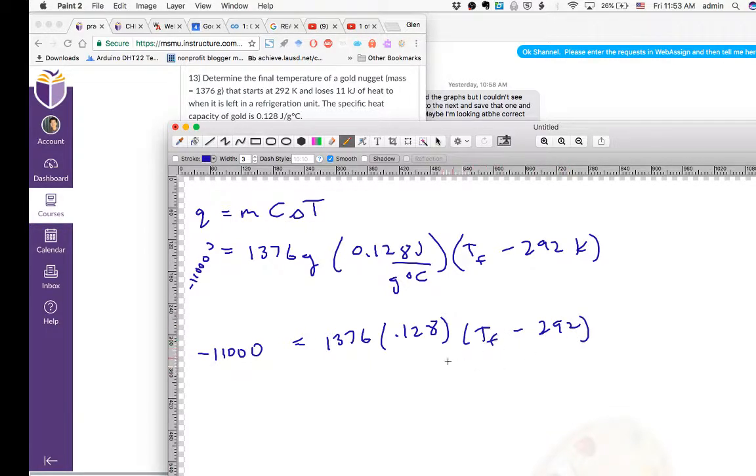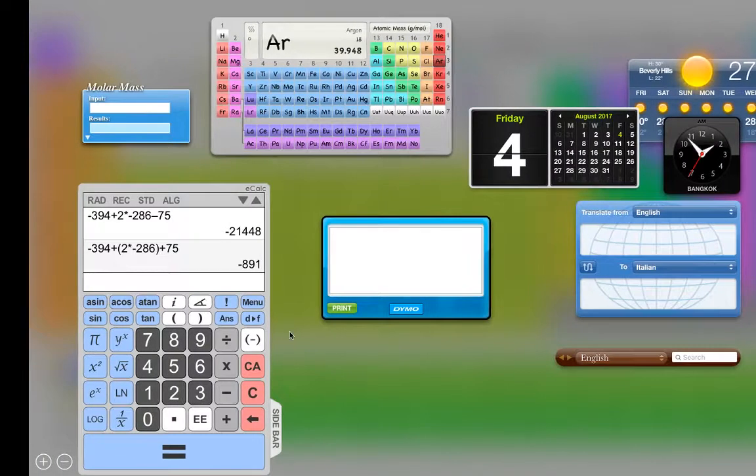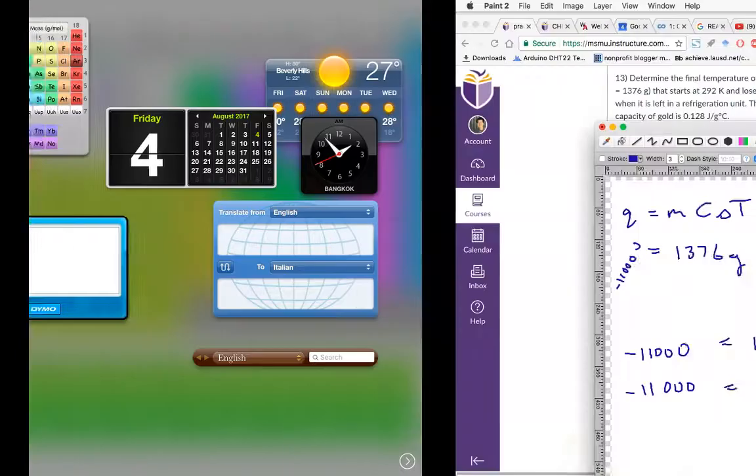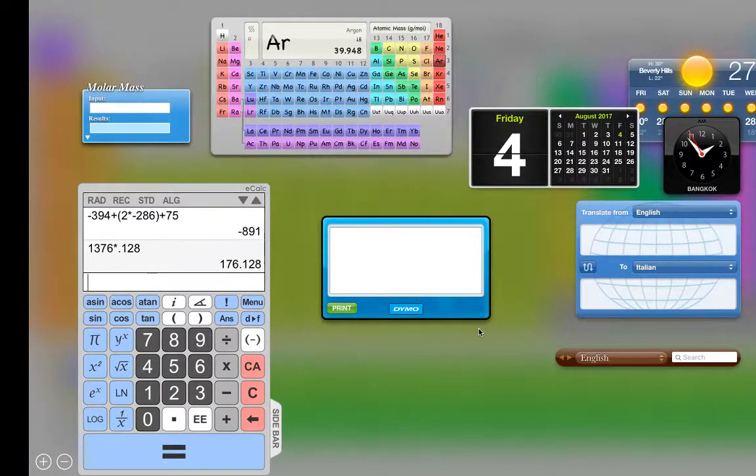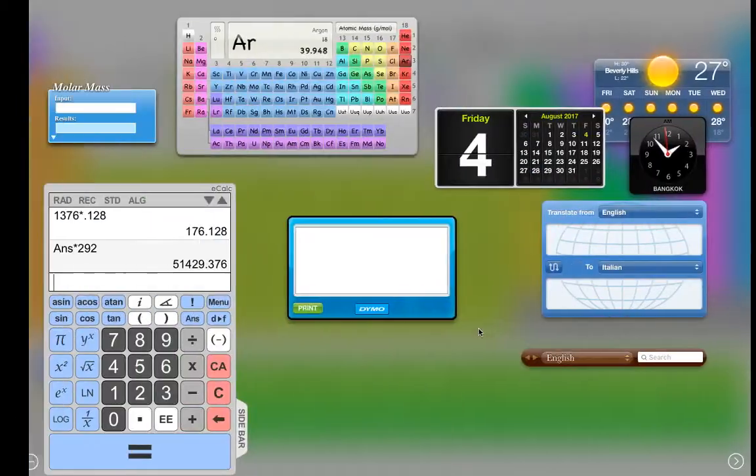Now I'm going to solve for TF. 176.128 times 292 is 51,429.